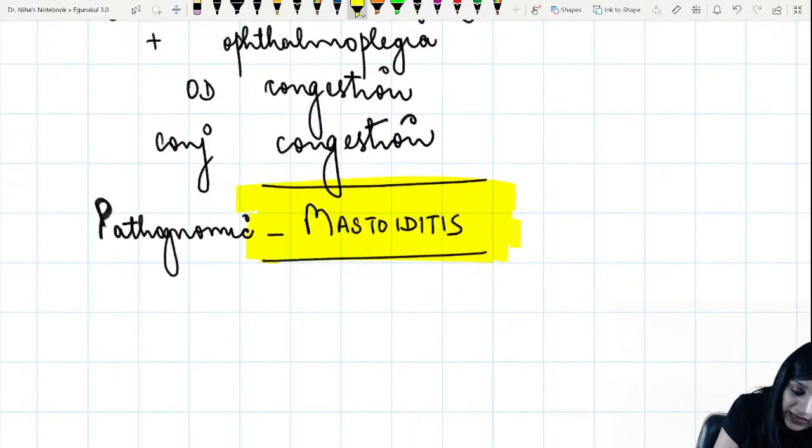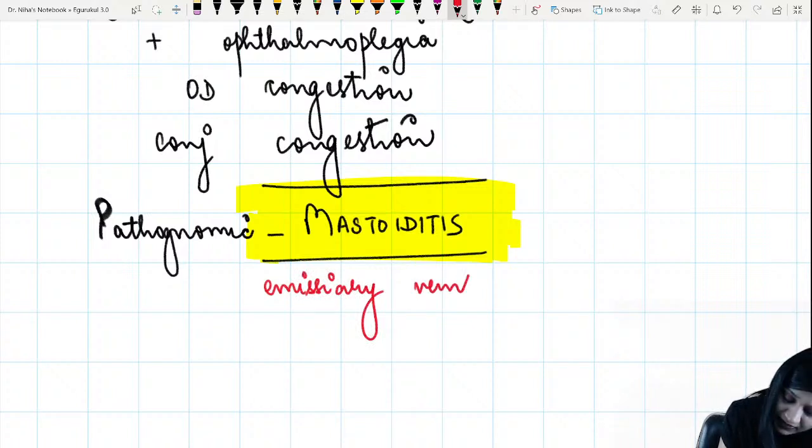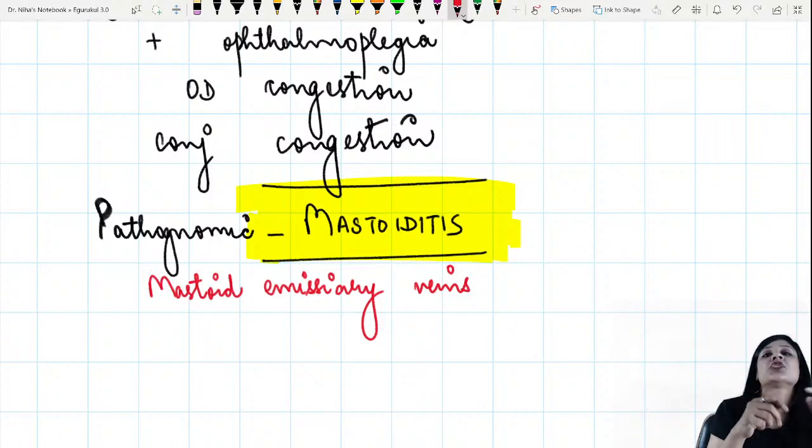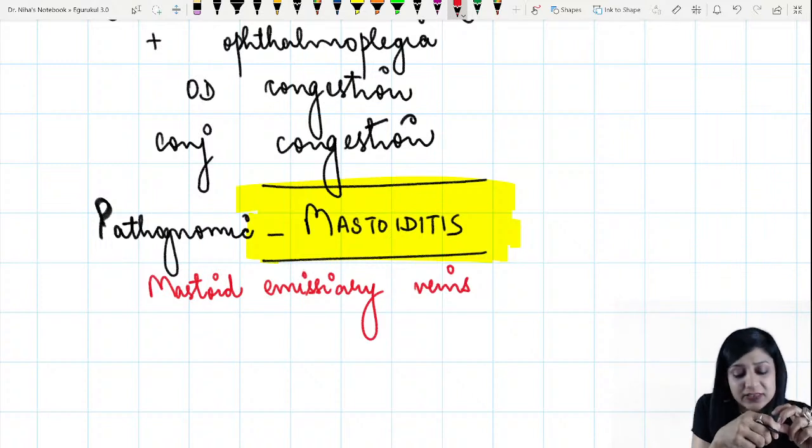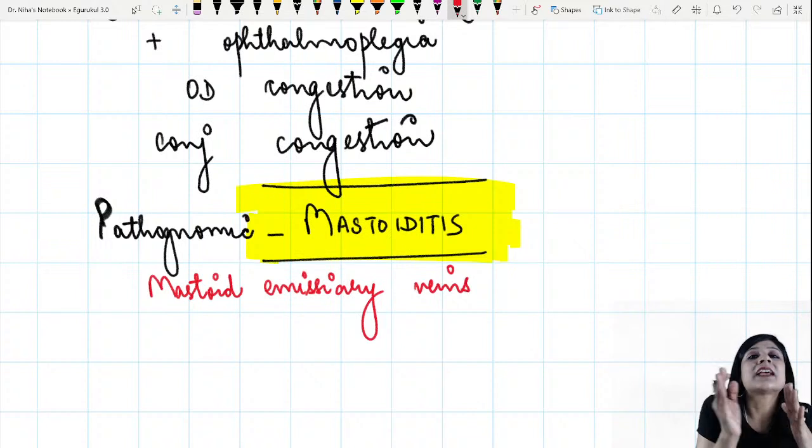And what we have actually is the back pressure changes in the emissary veins, actually the mastoid emissary veins. That is why we have mastoiditis as the most important pathognomonic feature in cases of cavernous sinus thrombosis.